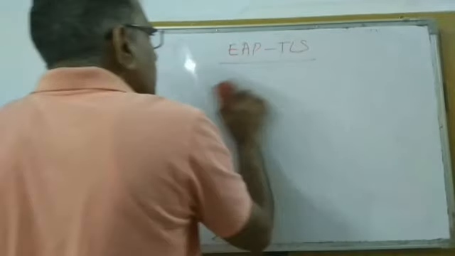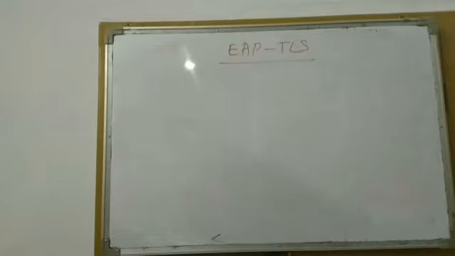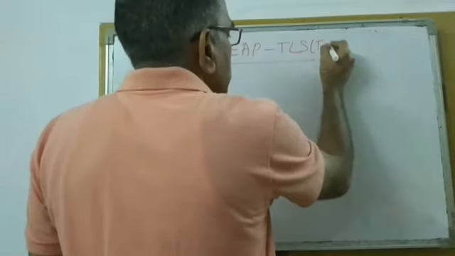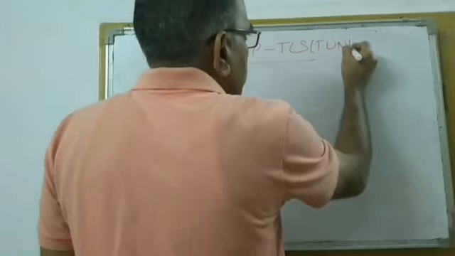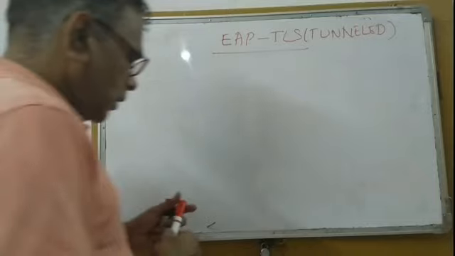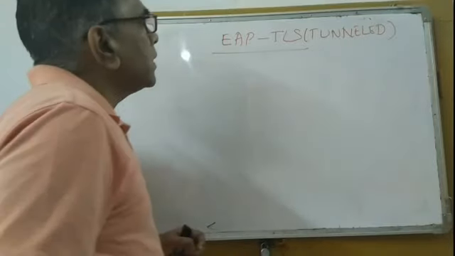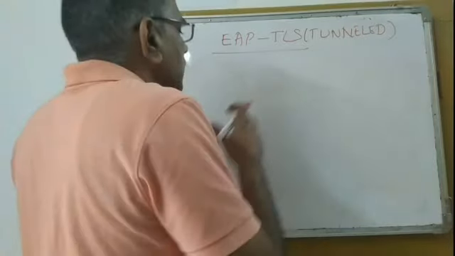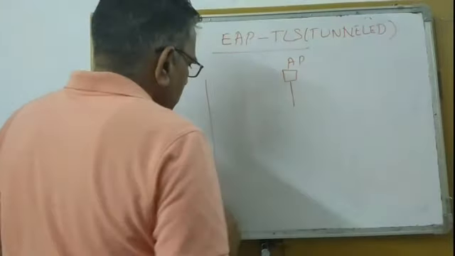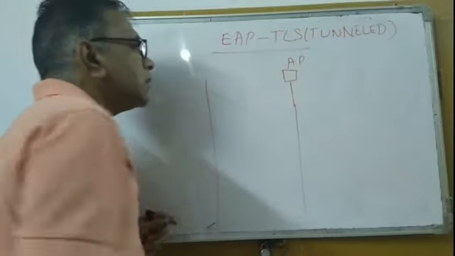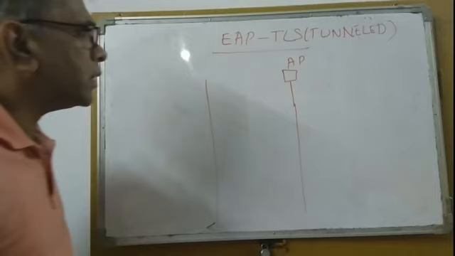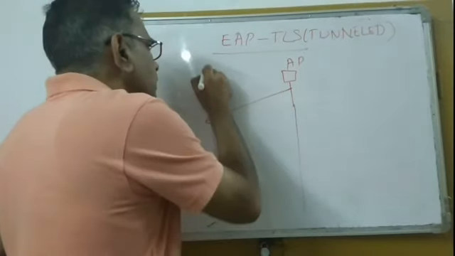For their purpose, EAP is slightly modified. We call that tunneled TLS. I was talking about the tunneled TLS method, where the access point, which works with a digital certificate, authenticates itself to the stations.